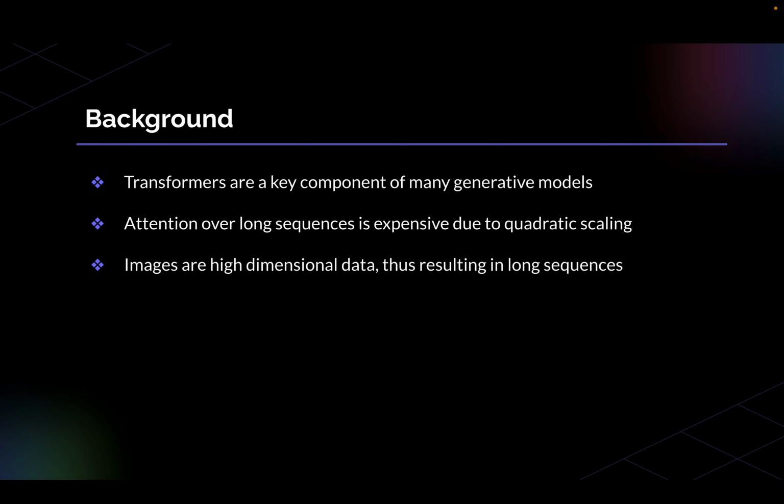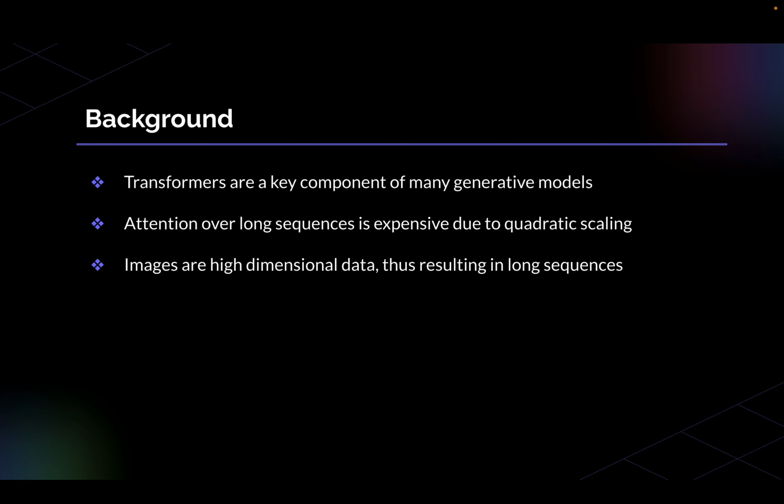For some background, I'll take a moment to talk about transformers and attention networks, both of which have been critical to the success of the explosion of generative models recently. Specifically, language models and diffusion models often use attention networks where either words or pixels will be treated as tokens in a sequence.